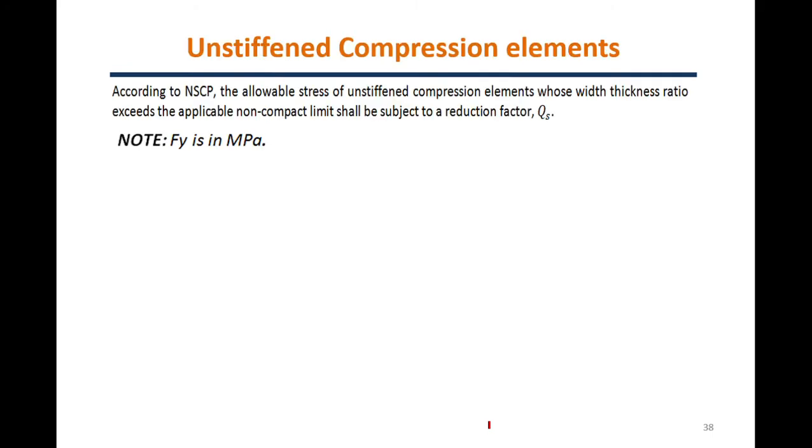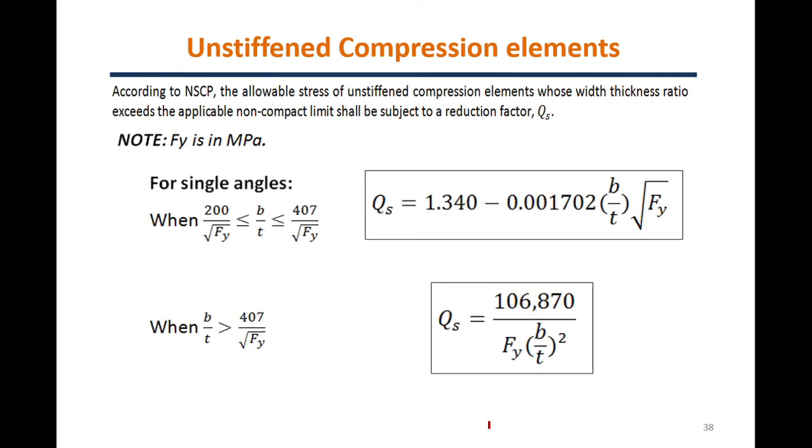According to NSCP, the allowable stress of stiff compression elements whose width-thickness ratio exceeds the applicable non-compact limit shall be subject to a reduction factor of QS. Fy is in megapascal.